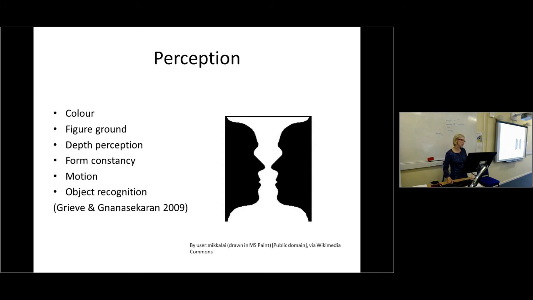And again, the same sorts of strategies really are around keeping the environment simple. In OT we often talk about trying to change the colour of the foreground and the background. So, if you've got a white Formica worktop in the kitchen, and they've got white plates and a white cup, then it's quite difficult for them to find things.